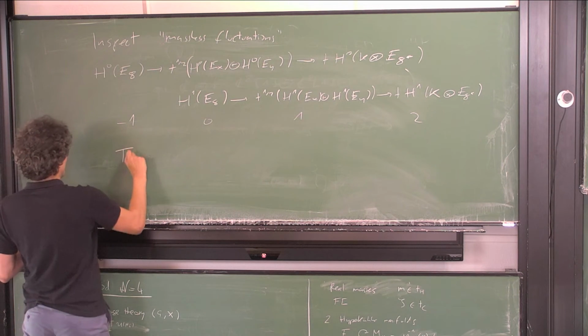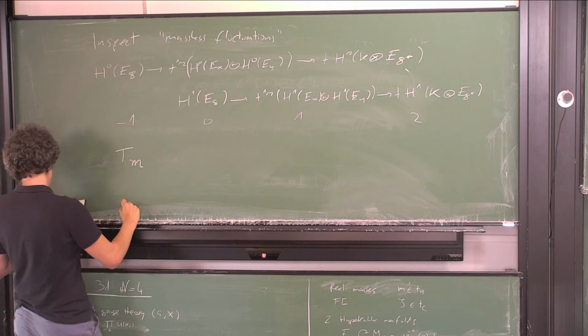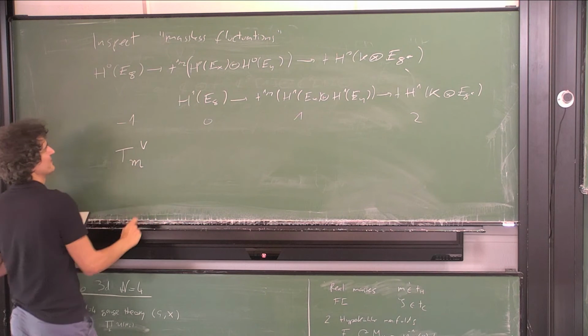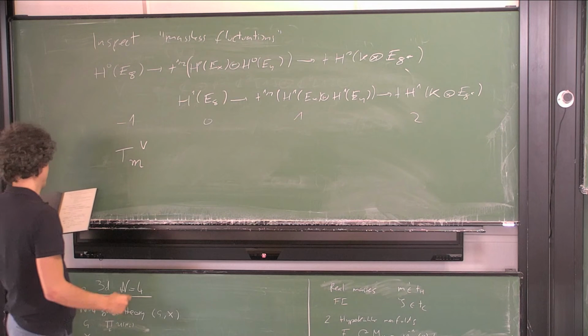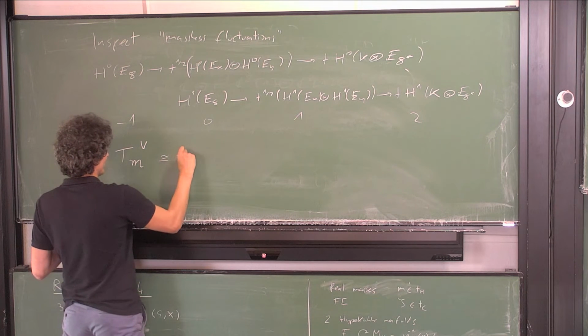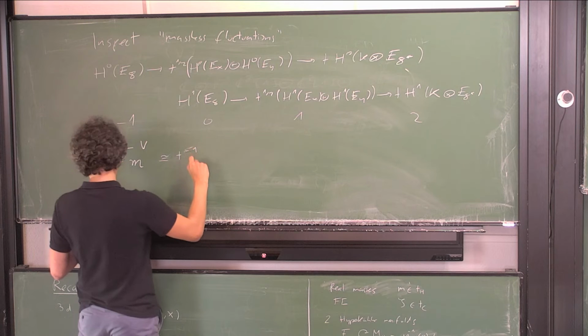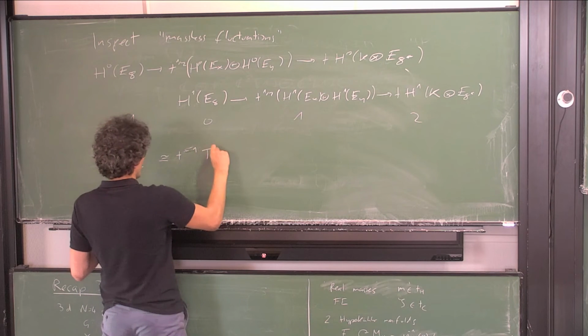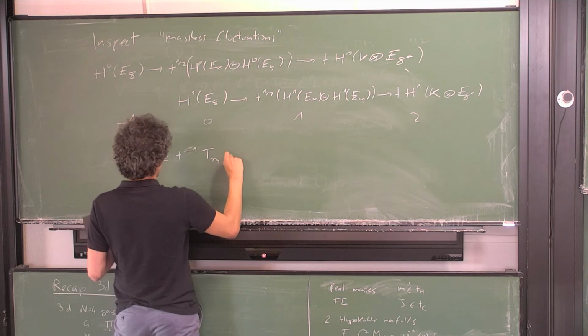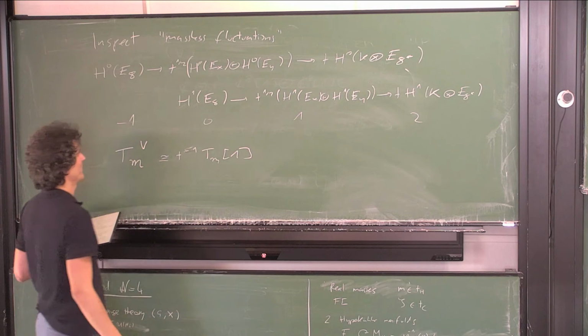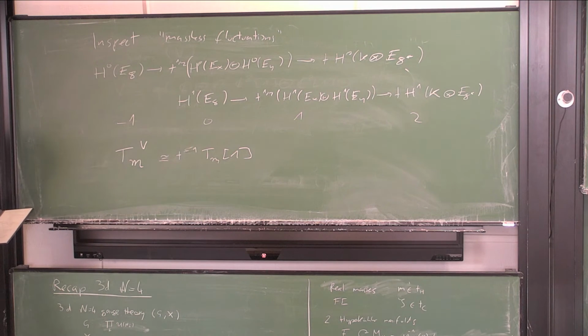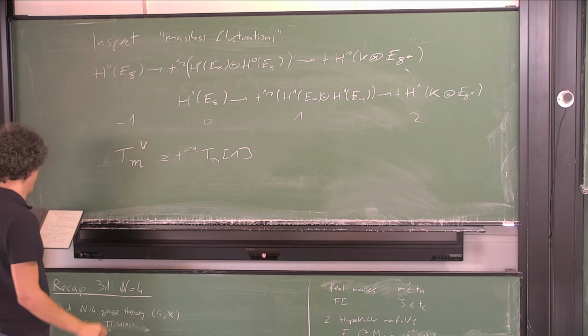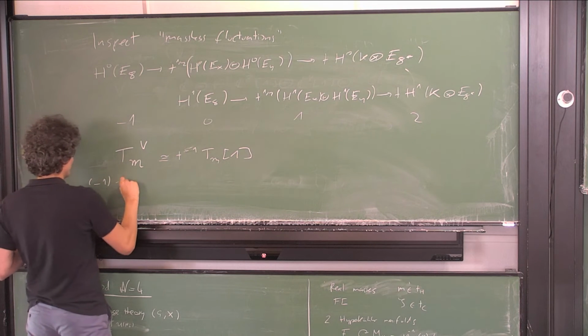In particular, this has a nice property: if you dualize everything, then you shift the gradings around, but you get the same thing back, shifted by 1.